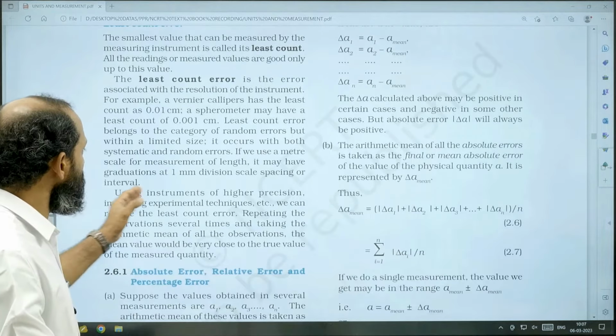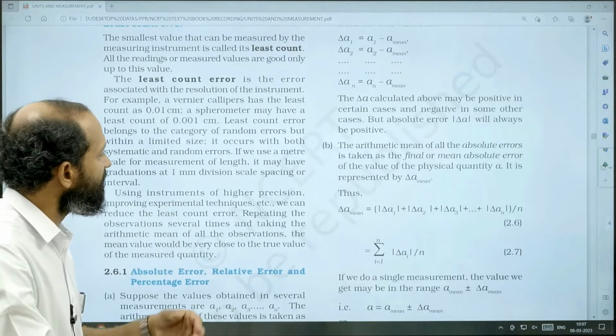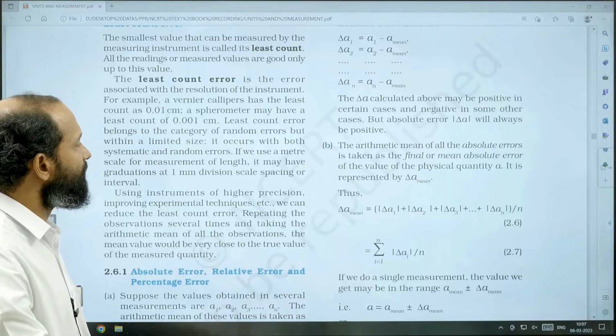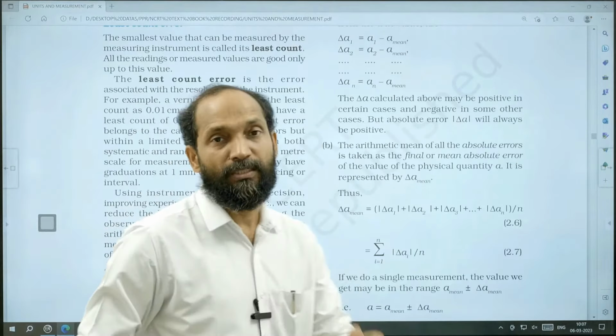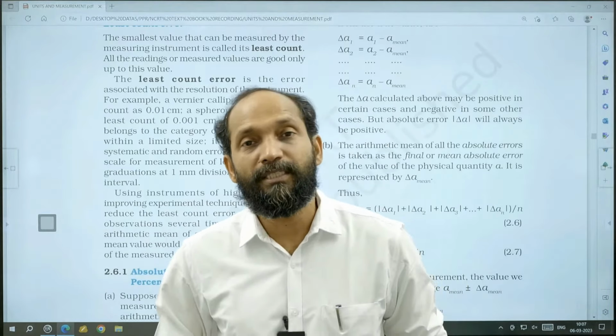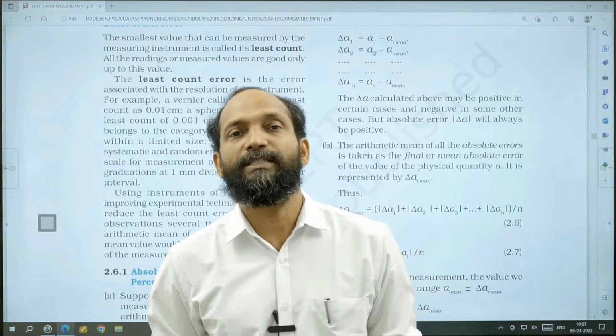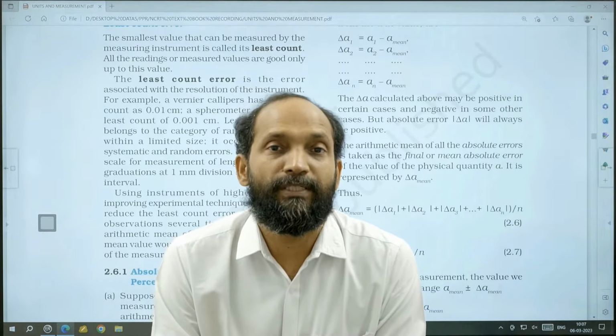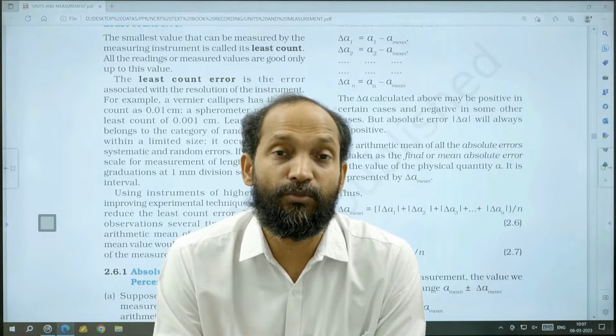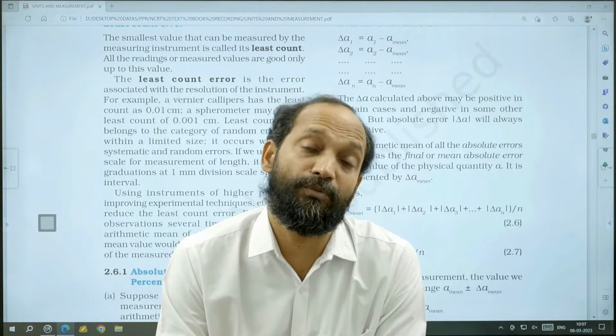The interval after which measurements are taken is different in each of these devices. Meter scale has a precision of 1 millimeter or 0.1 centimeter. Vernier has a precision of 0.01 centimeter. Screw gauge has 0.001 centimeter.